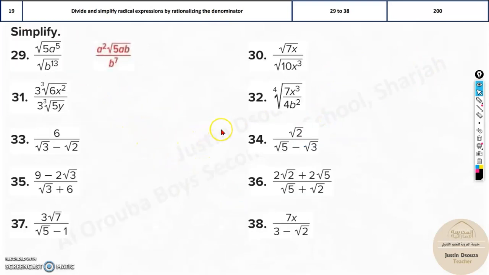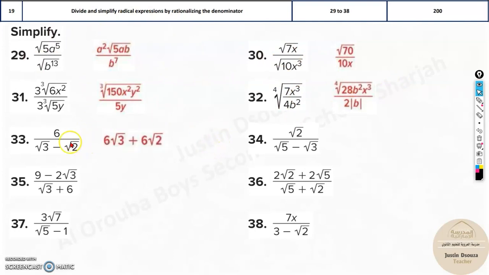See over here, now you can see that these are the questions. Here there is variables. Now this is the method. You need to know what's the method exactly. But for this, there is a shortcut method. The method is very simple. You should multiply by the conjugate of the denominator. That is, you need to multiply root 3 plus root 2 divided by root 3 plus root 2.